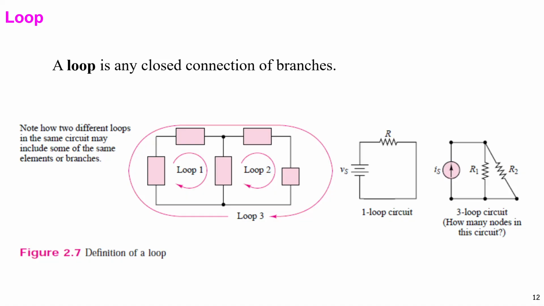So the loop is any closed connection. For example, in this circuit we can have 3 loops: loop 1, loop 2, and loop 3. And in this one we have only 1 loop. This circuit we have 3 loops. And how about this circuit?